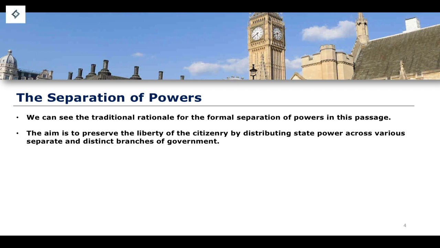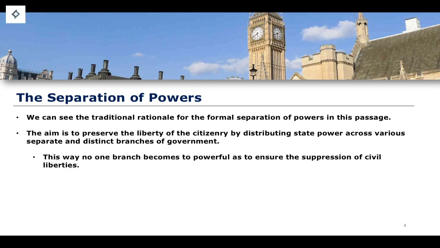And so in order to preserve the liberty of the citizenry, that power has to be checked. And one way in which it is checked is through the separation of powers, by distributing authority across different branches. Another way, of course, is through democratic election, as you can probably understand. So the result of which is that no one branch becomes too powerful, and so the insurance here is that we do not have the suppression of civil liberties.